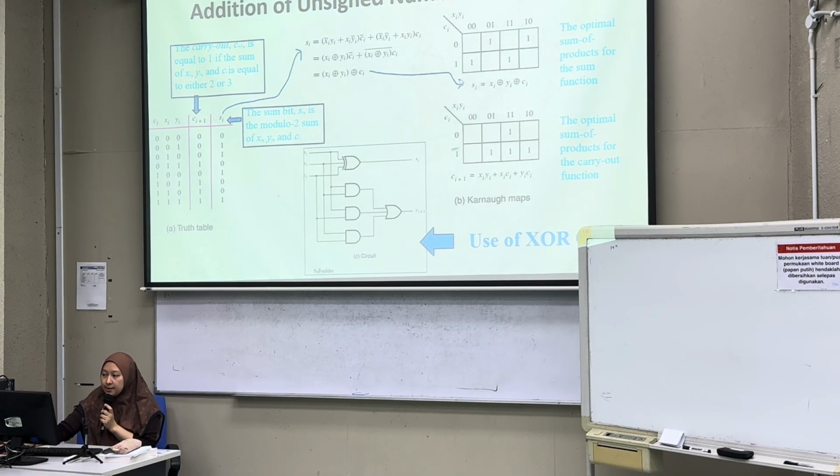The sum is the inputs XORed. The inputs are X, Y, and C, where C is the carry in, so X XORed with Y, XORed with C. The carry out expression is xy, the input x ANDed with y, or x ANDed with Cin, or y ANDed with Cin.